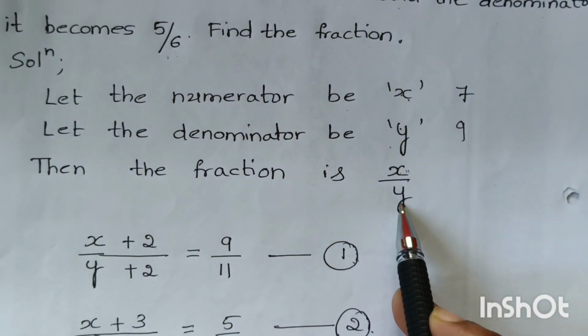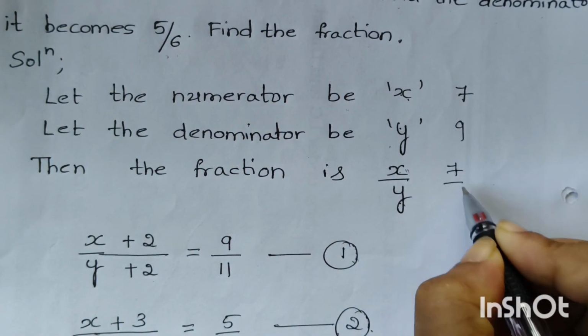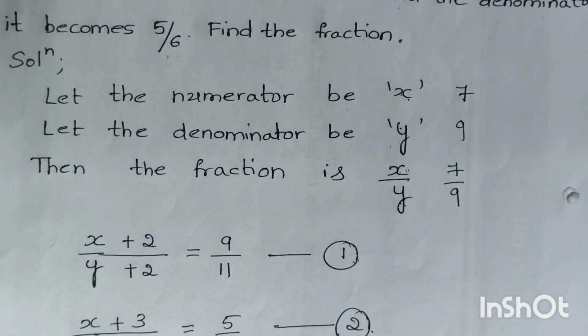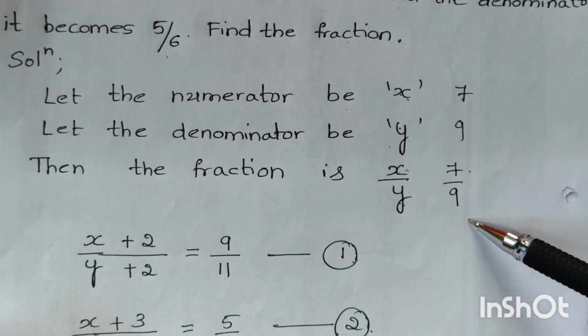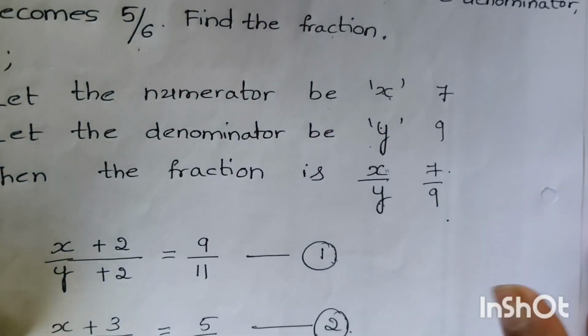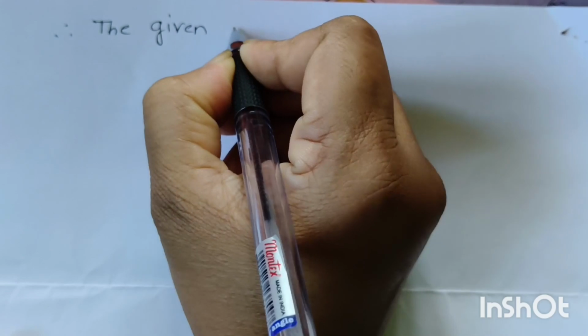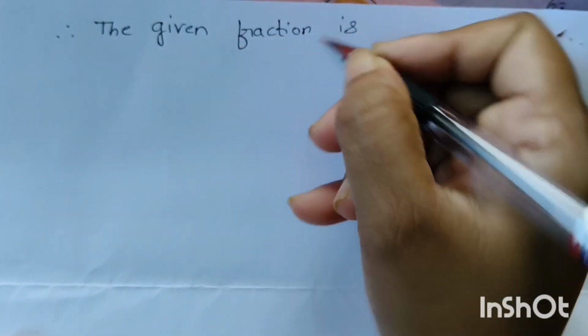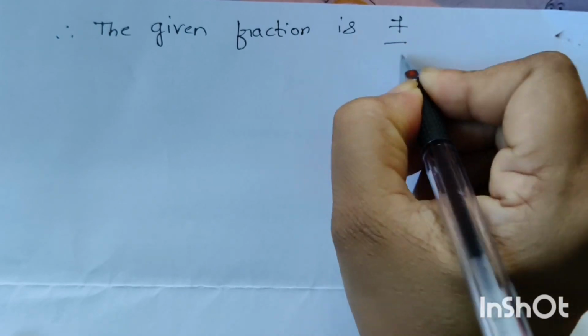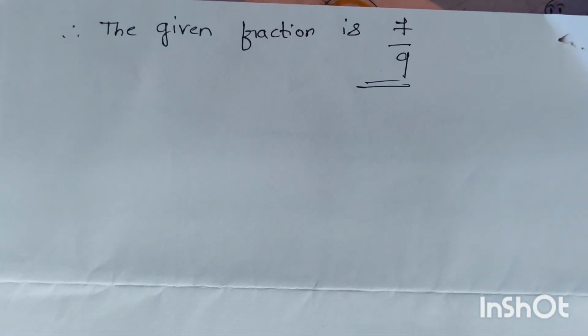Then x by y will become 7 by 9. That is what they told us to find out. Find the fraction. What is our fraction? 7 by 9. So let us write, therefore, the given fraction is 7 by 9. This is your answer.